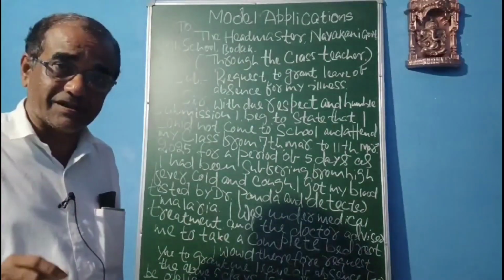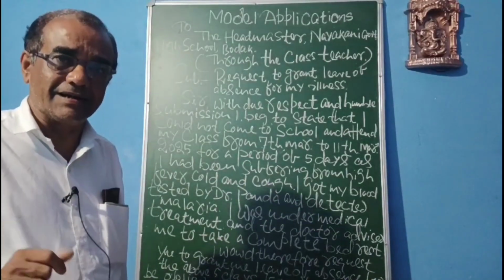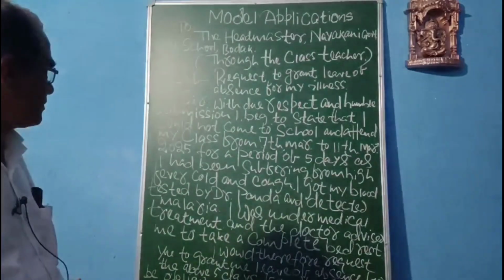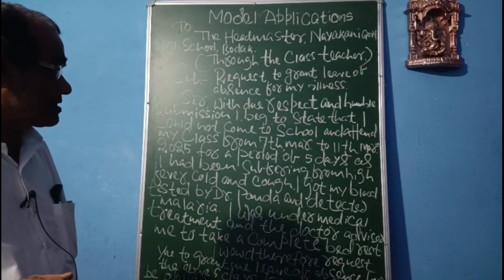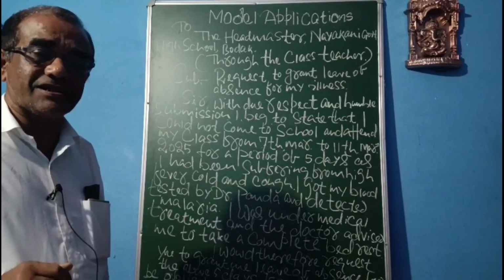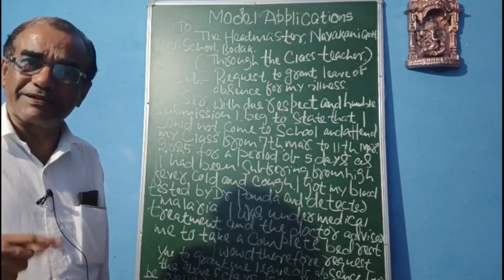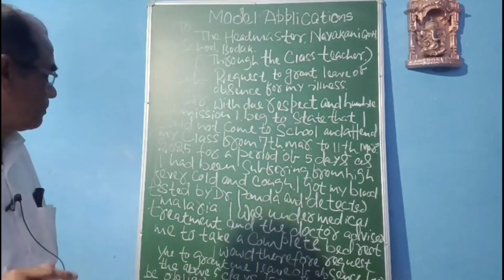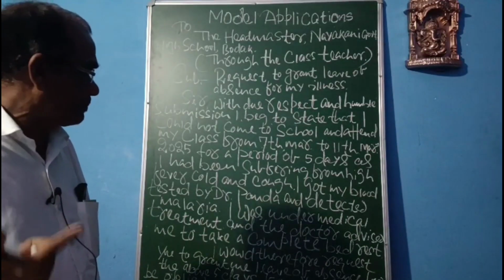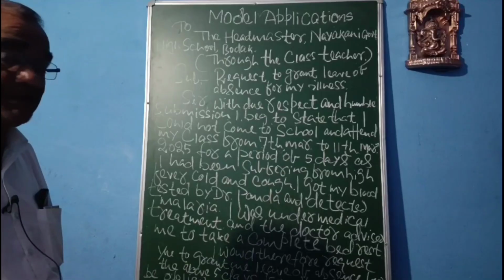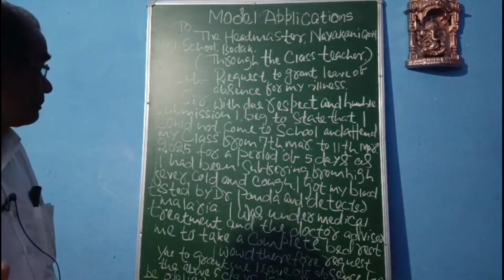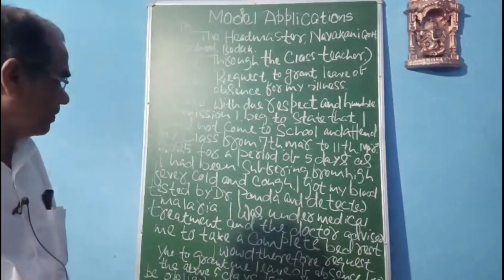I could not come to school and attend my class from 7th March to 11th March 2025, for a period of 5 days, as I had been suffering from high fever, cold and cough.